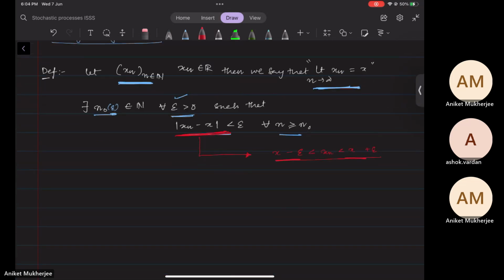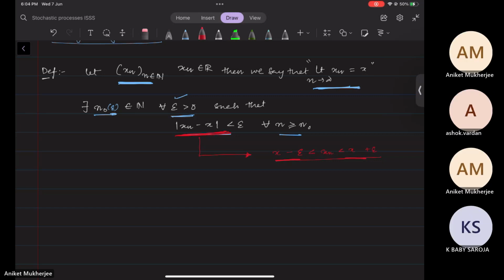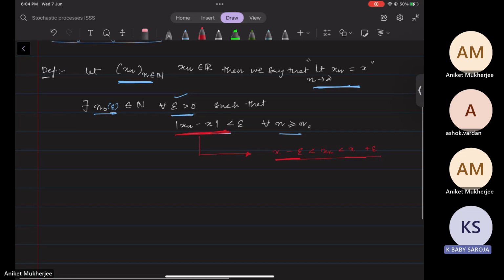Now, how can you say something diverges? Suppose you have a sequence xn, and I say that it converges to plus infinity.